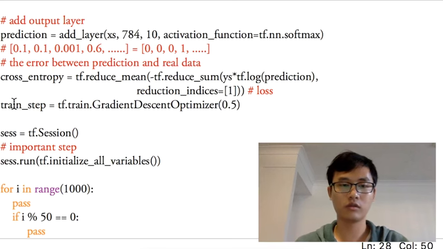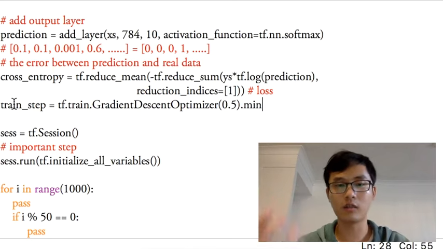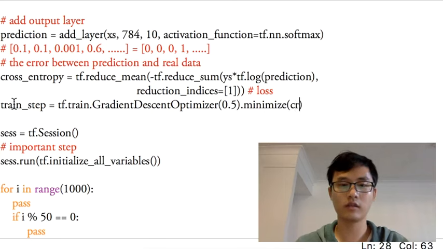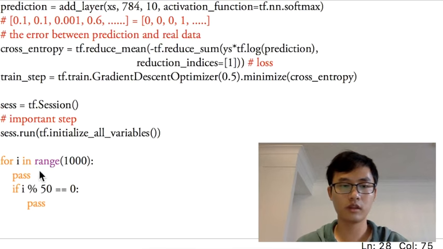The learning rate we choose is 0.5, but you can choose whatever you want, as long as it is less than 1. Minimize this cross entropy, which is the loss. Good. So session run initialize all variables.